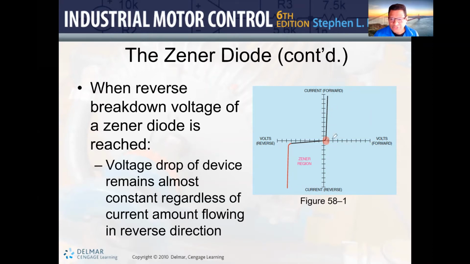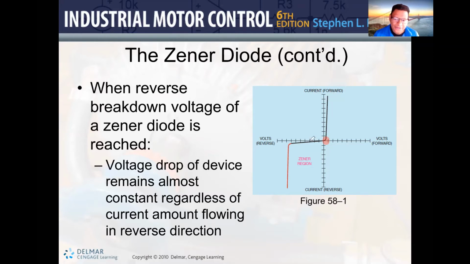This horizontal line represents voltage, and this vertical line represents the current in the diode. Once you get to the 0.7 volts, as you can see here, then it's going to be conducting current without any problem. Of course, it's always limited to the current rating of the diode itself.